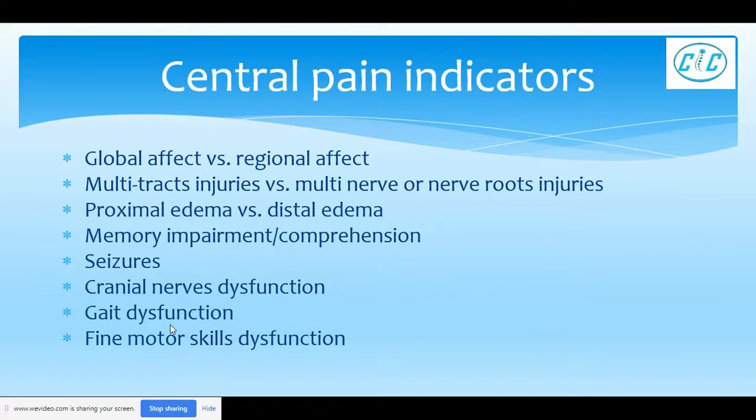If they are not functioning correctly, they should be giving clues to the clinician that the patient is suffering centrally. But one thing that I need to add is that it is not either or. It could be a combination of central and peripheral dysfunctions.